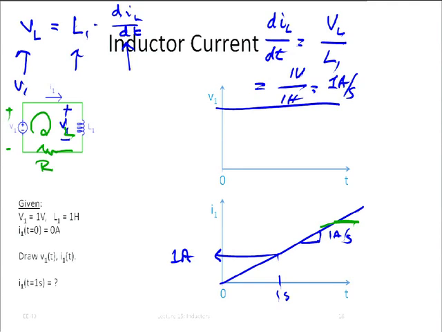If you set the compliance on your lab source to 100 milliamps, then the current will go up to 100 milliamps and then stop, because the source refuses to deliver anything more than 100 milliamps. This circuit, just like this, is not what we want to build.